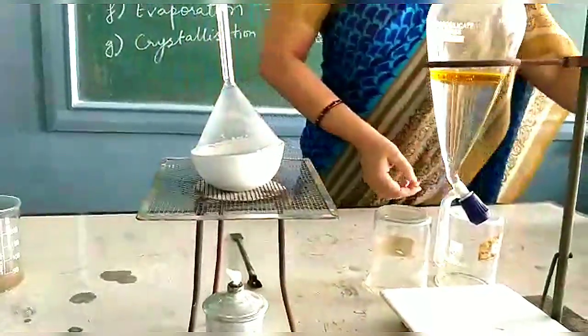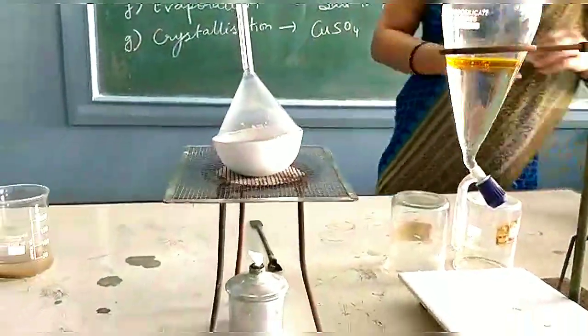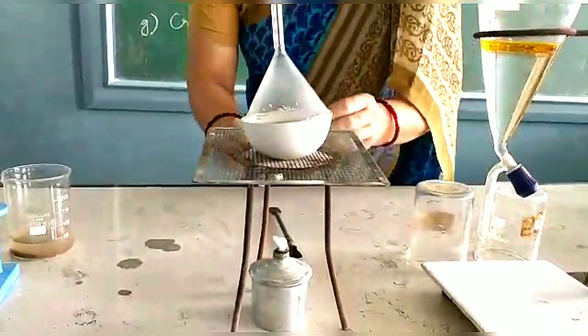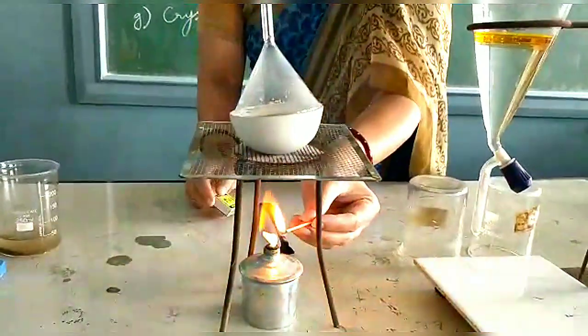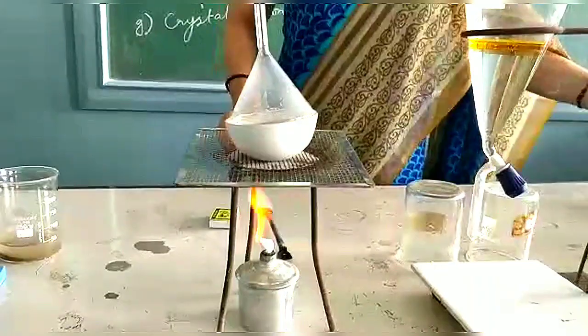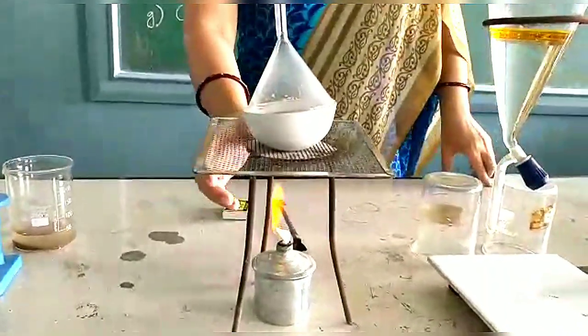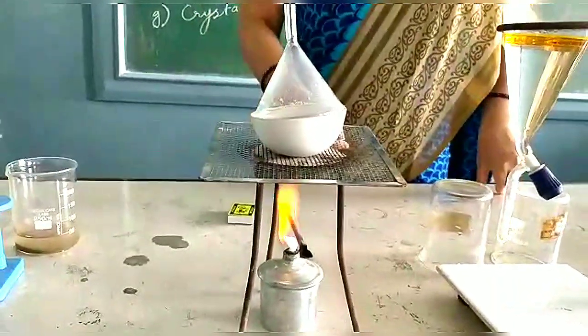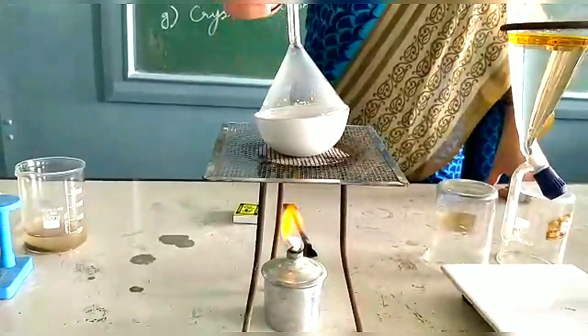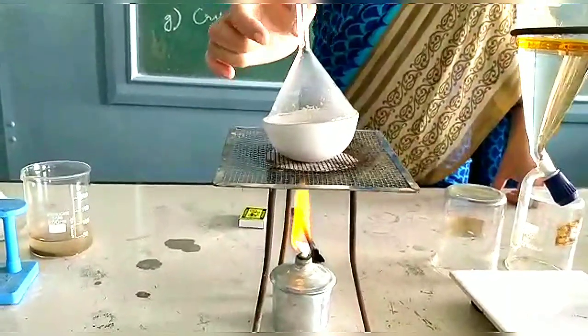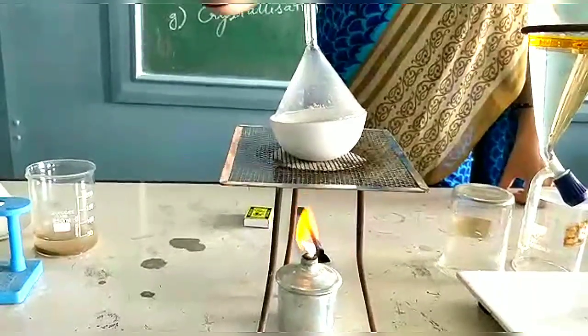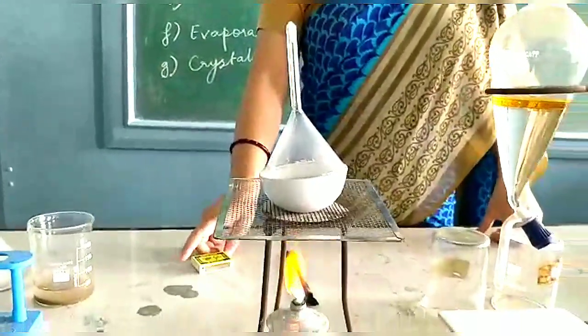Once I open it, it starts burning, and on heating, the ammonium chloride starts converting into vapor form. The vapors will collect on the inner walls of this funnel, as we will not allow these vapors to move out into the atmosphere.